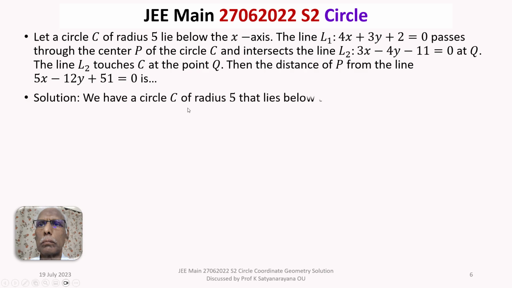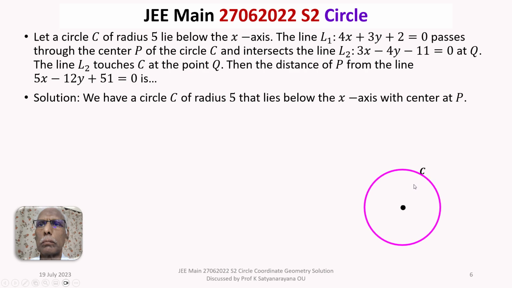We have a circle C of radius 5 that lies below the x-axis with the center at P. That is the circle C with the center at P and radius 5.